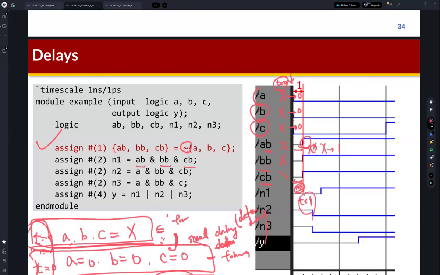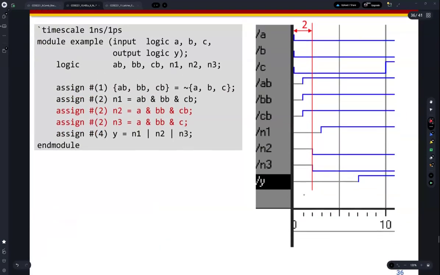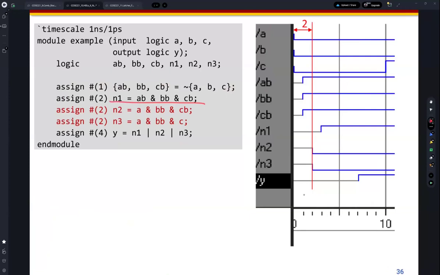Then this assign statement will be executed. Okay, you understand? So this will be executed, and after 2 nanoseconds, n1 will become 1.